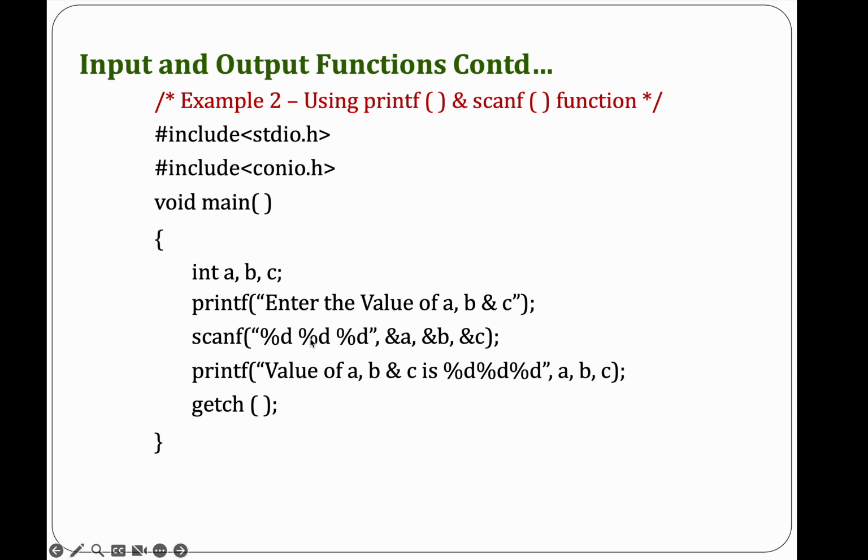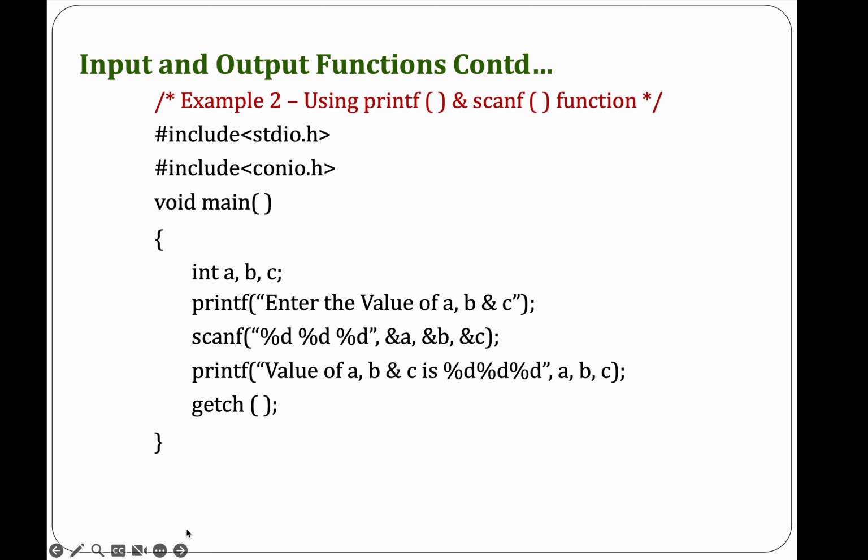You can give %d, %d, %d. The first %d represents the address of a, the second %d represents the address of b, and the third %d represents the address of c. And in the printf statement, value of a, b and c is, okay, %d, %d, %d, which prints the values of a, b, c.